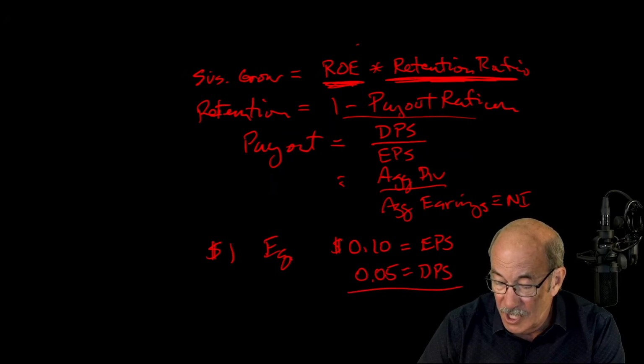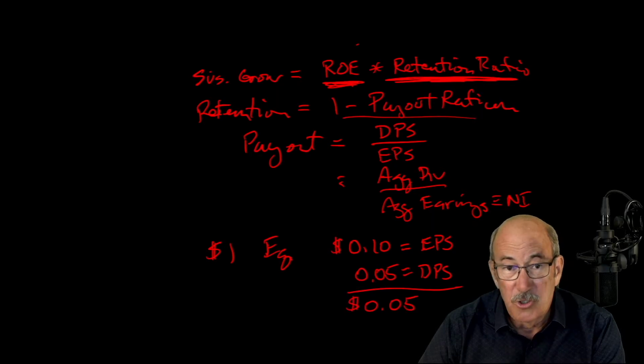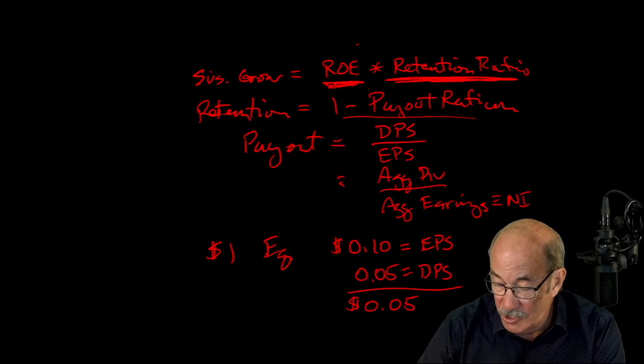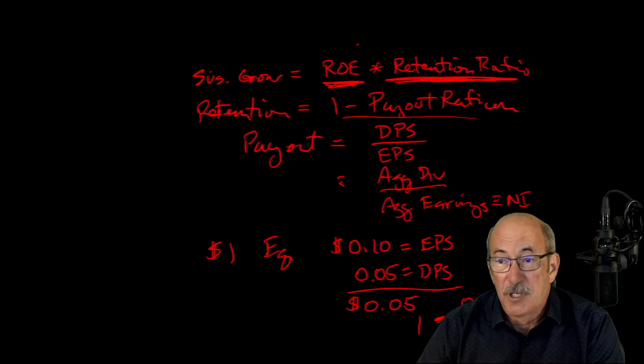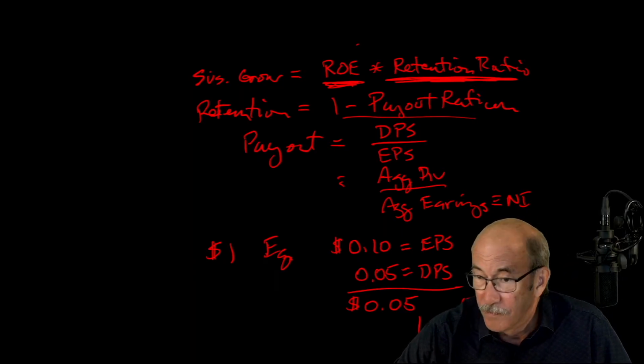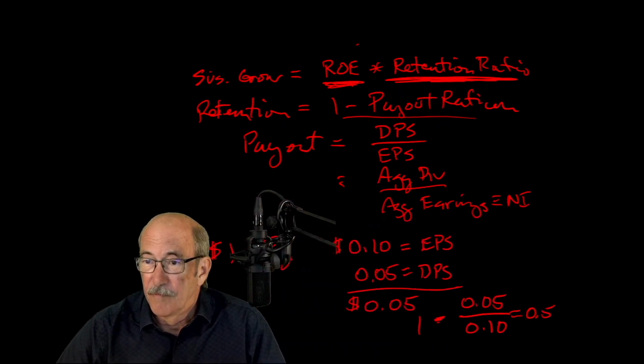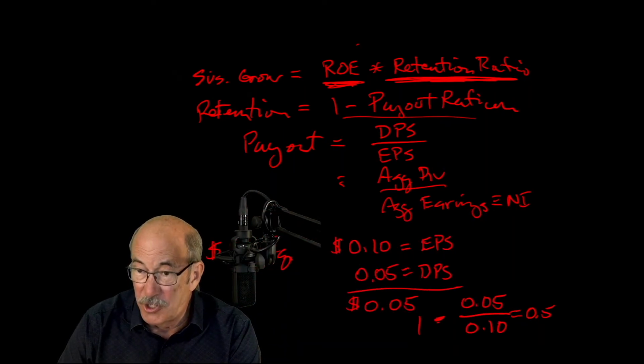That means I have retained 5 cents per share. My retention ratio is 5 cents that I kept, over the 10 cent earnings, so 1 minus the payout leaves me with a 50% retention ratio.